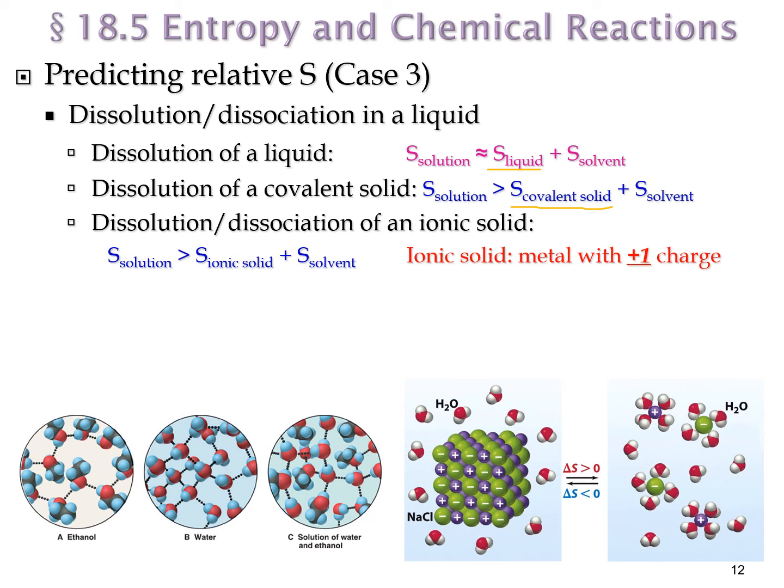That definitely decreases the entropy. But as far as we're concerned in this Chem 2 class, it's safe to say that by dissolving and dissociating an ionic solid, the entropy of the solution increases, because I'm not going to give you any ionic compound whose cation has a charge other than +1. So that is for sure. You can think of it as safe to use this statement.